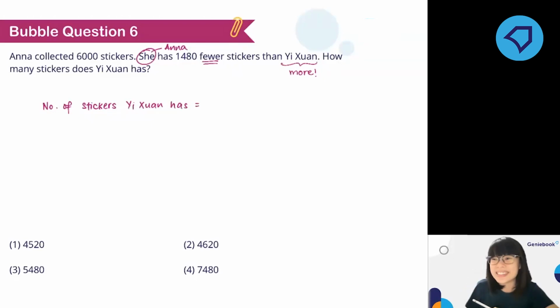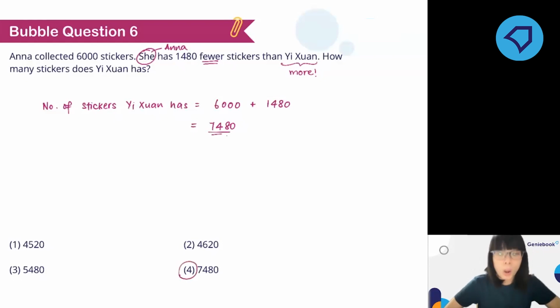So we need to do addition, correct? Yes, so we're going to take 6,000 plus 1,480. There we go. All right, mental calculation, you will have 7,480. So this one, you don't really need to do your working. So the answer would be option number 4.